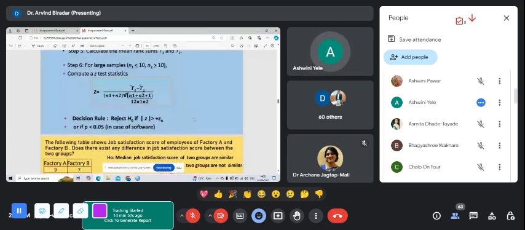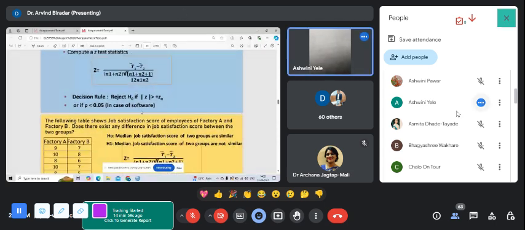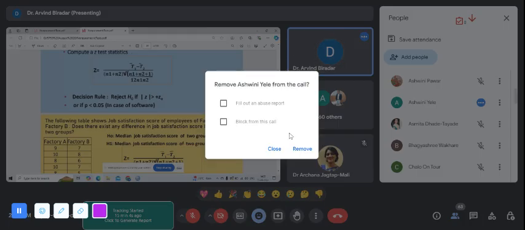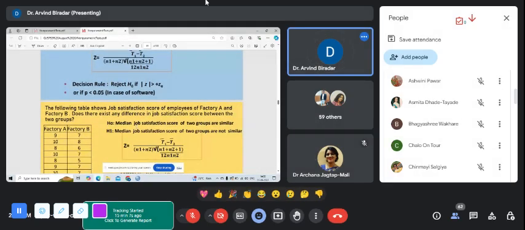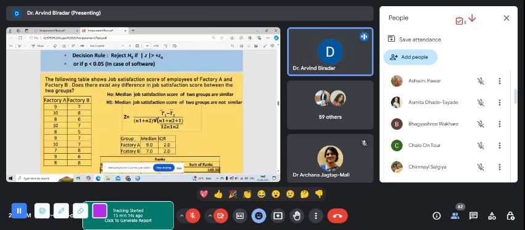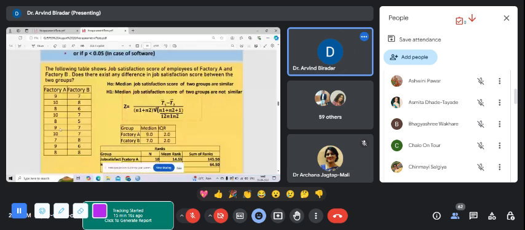So one problem is job satisfaction. I'm going to solve all this with the help of SPSS. There are two factors, factor A and factor B. This is the data: 9, 10, 8, 10, 8, 10.